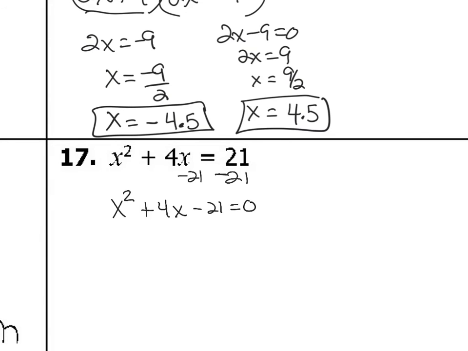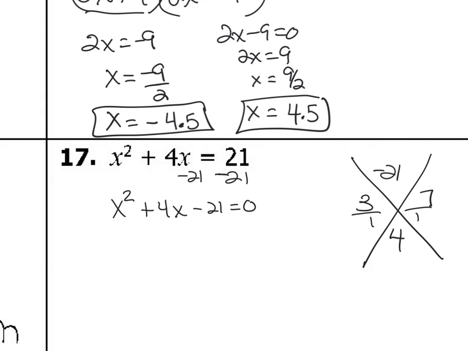All right, so now I can do my x. Factors of negative 21 that add up to 4. Well, 21 would be 1 and 21 and 3 and 7. So if I do a 3 and a 7, 3 times 7 is positive 21. So I need to put a negative with it.